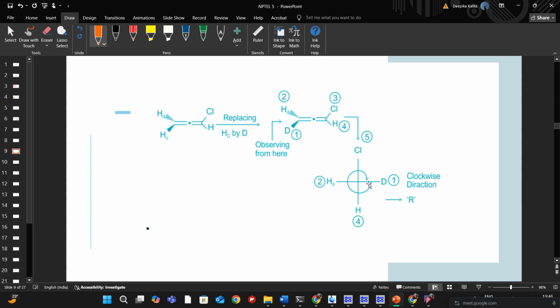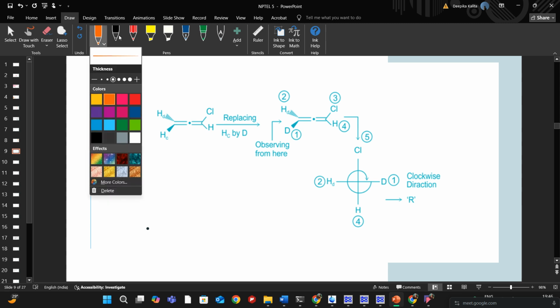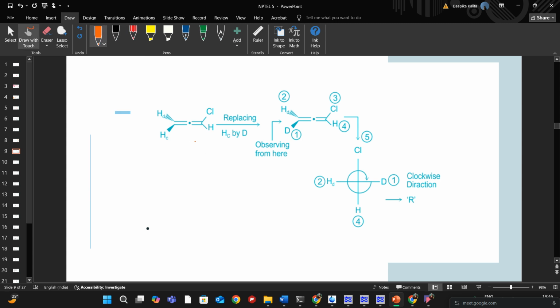And in the next molecule, it is asked that you have to figure out the HC proton, whether it is pro-R or pro-S. So we will now replace this HC proton by deuterium in this way, and you will just have to figure out the absolute configuration now.